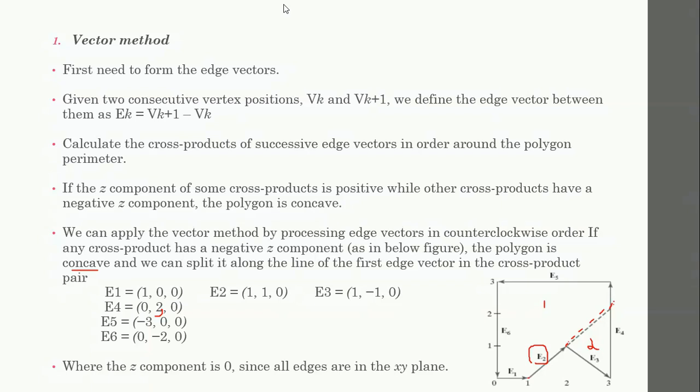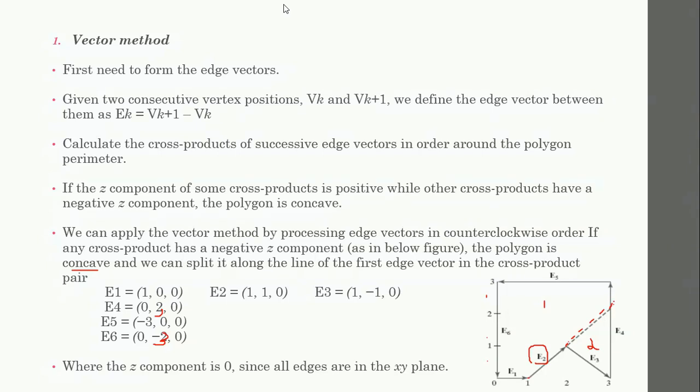And next E5 is in negative x axis, so that's why -3, 0, 0. And again E6 is how many units? 1, 2, 3 in y axis, so x axis you are not going to move, so that's why 0, -3, 0. Okay, so this is how you write the edge vectors.